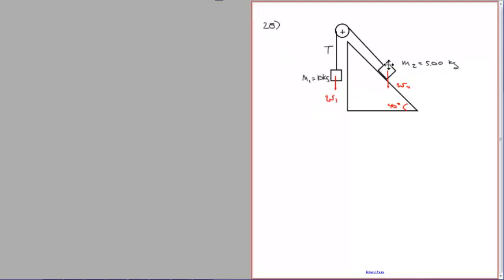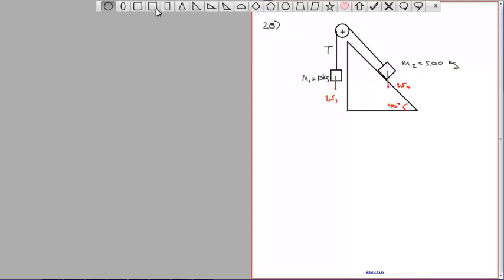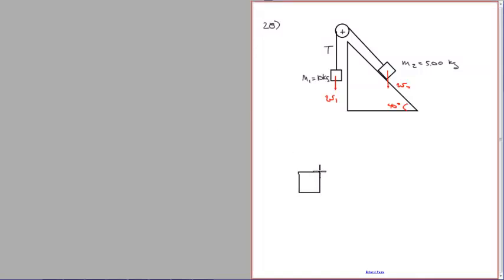Okay, so this is one of these two-body situations, and so we do a diagram of each one. So we're going to look at the 10 kilogram crate here, and we'll look at the 5 kilogram crate here. We're going to rotate this so it's a particular angle.